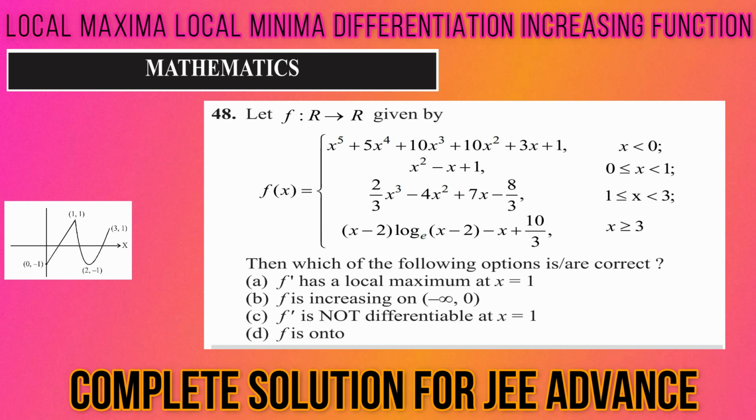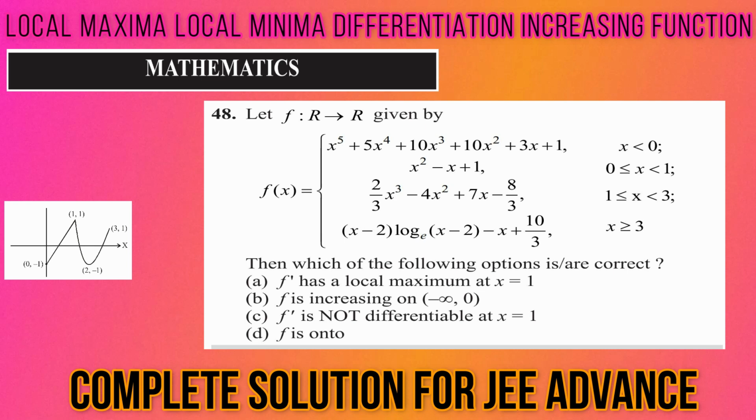Now you may think that since we have been given different functions, how can we define a single f dash? I will explain that directly in the option. The second option says that f is increasing on the open interval minus infinity to 0.